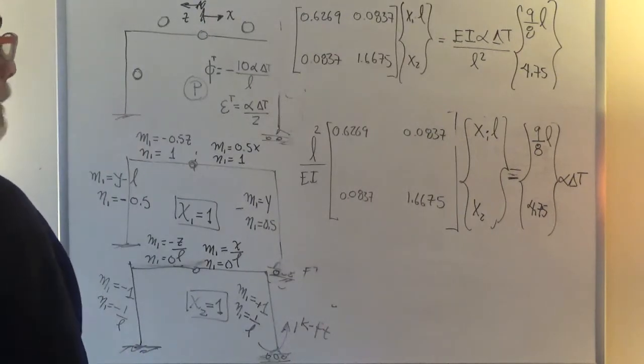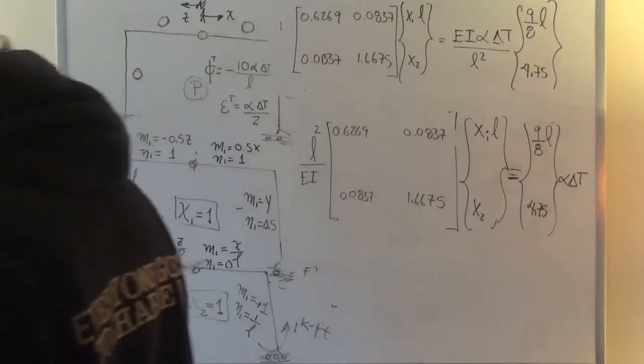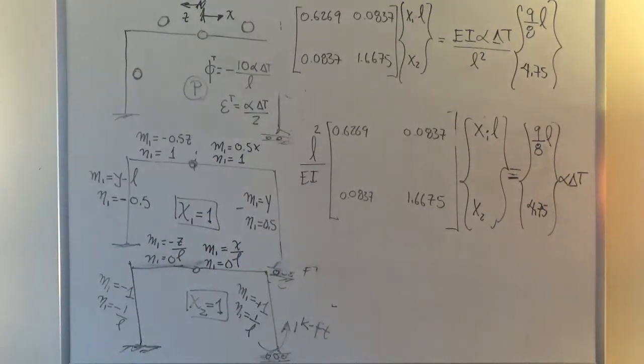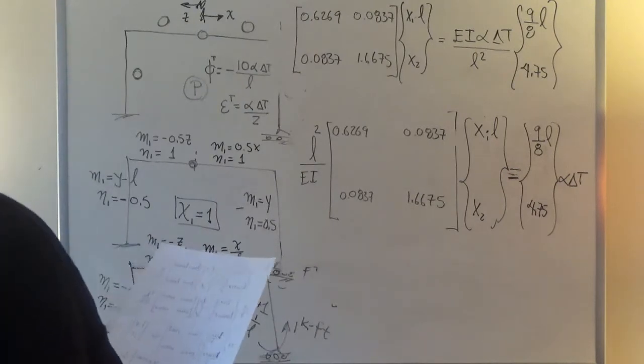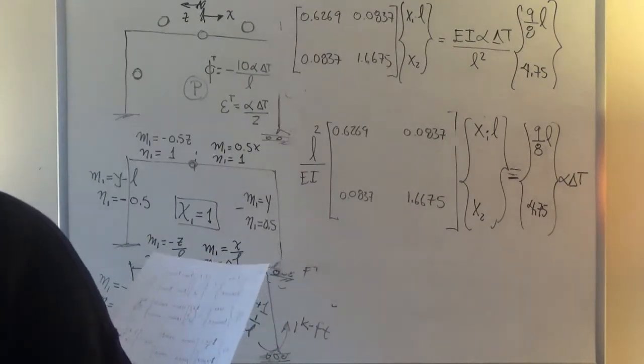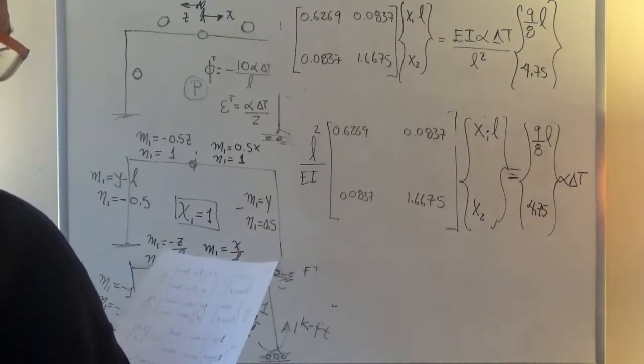Okay. I hope I didn't make an error anywhere. Let's see, alpha delta t times L. Yeah, it looks like I missed an L somewhere. I guess when I multiplied the second equation times L. Yes.